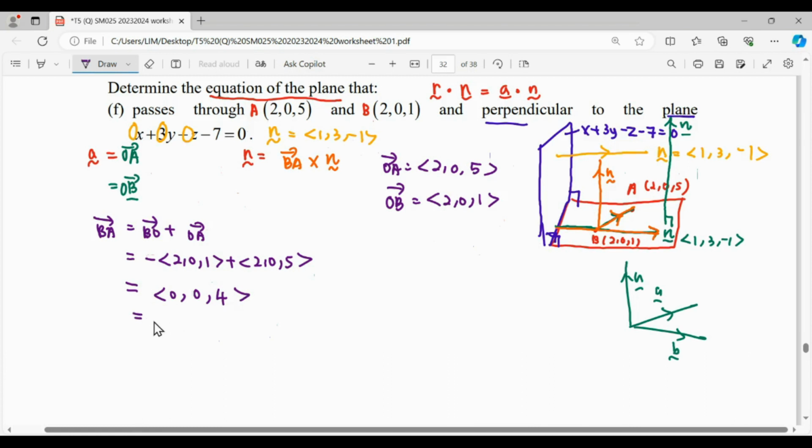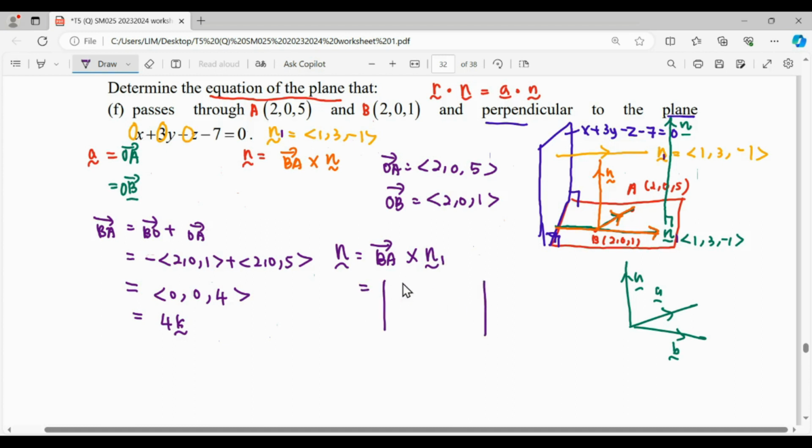So BA equals 4k. Then the normal that we obtained is (1, 3, negative 1). So the normal that we want will be BA cross with the n given here. I name it as N1, so that we are not confused.